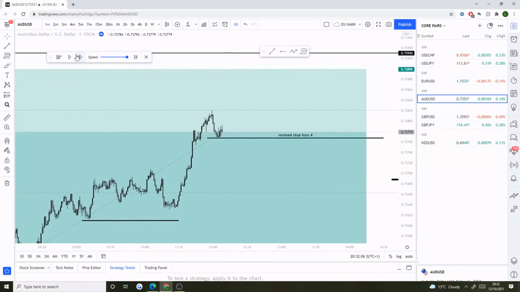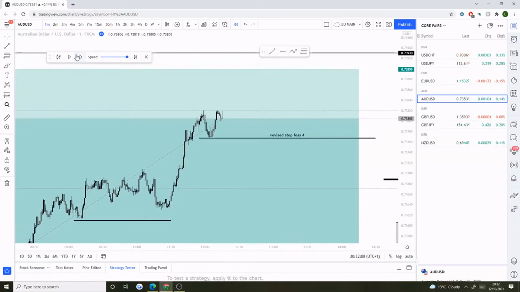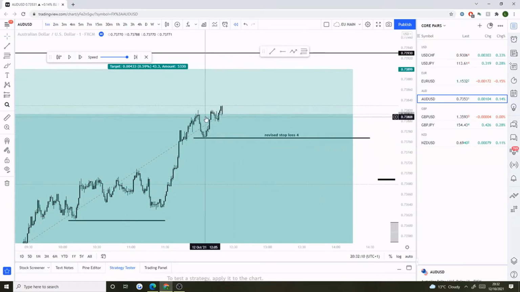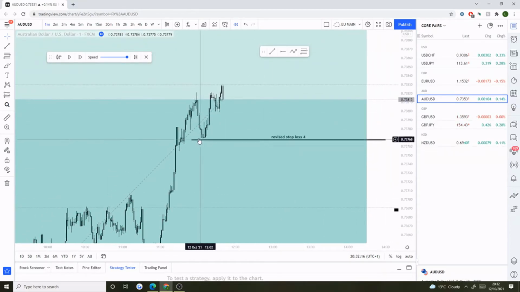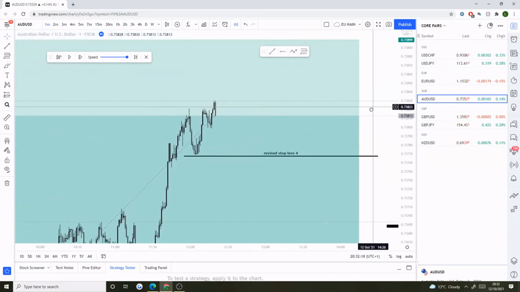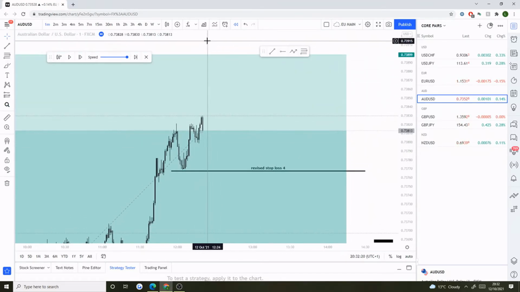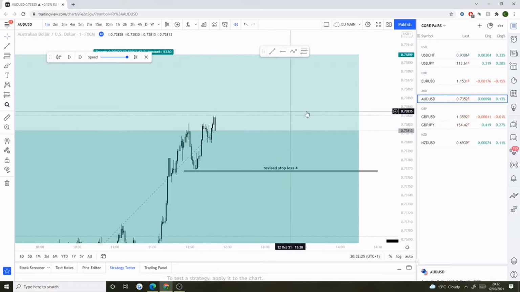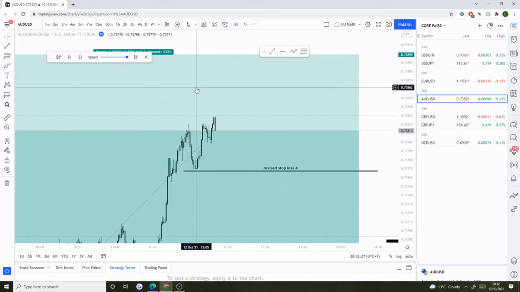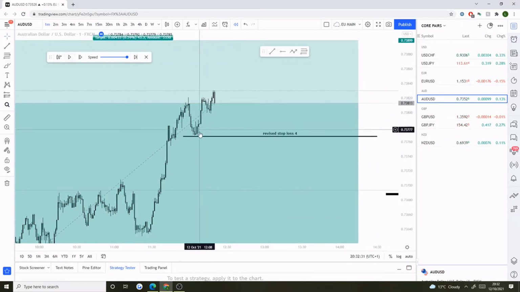So I was watching, and as I saw this next break of structure here on the 1 minute, I just locked up my profit just below that structure there, because for me, even though we are close to the take profit point with the New York Open coming in, I really thought we could just get some institutional volume coming in for sales, and that's why I moved my stop loss there.